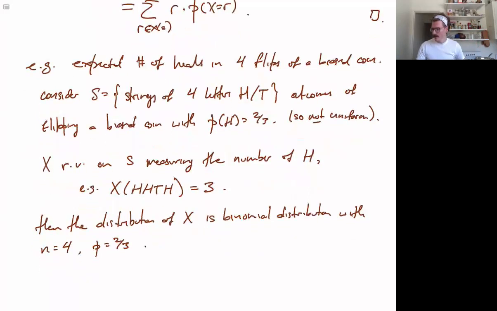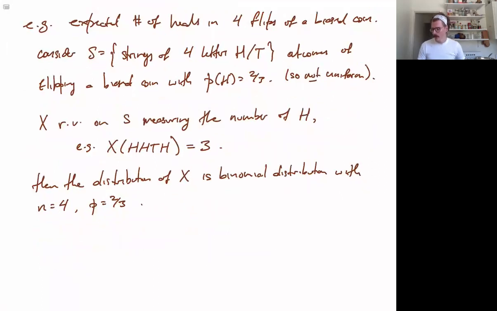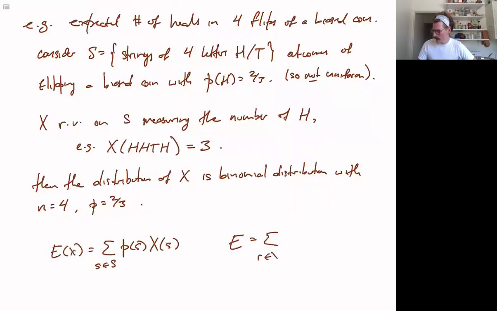And to point out the difference between the two formulas for expectation that we've written down, let me write them here. So the expected value of X is the sum over s in S, probability of s times X of s, or expected value equals sum over r in X of S, r times probability X equals r.